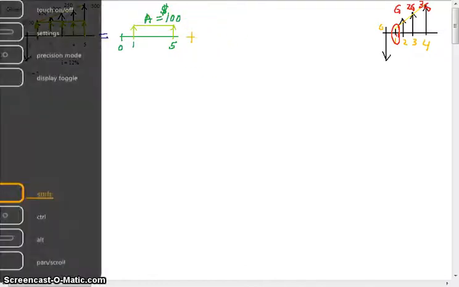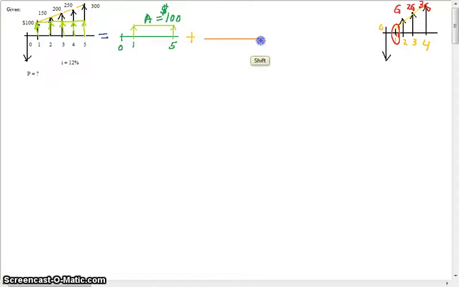So let's draw that one. We will have our timeline again, and now we have year 0, year 1, 2, 3, 4, 5, right? We need to have this be 0 in year 1.